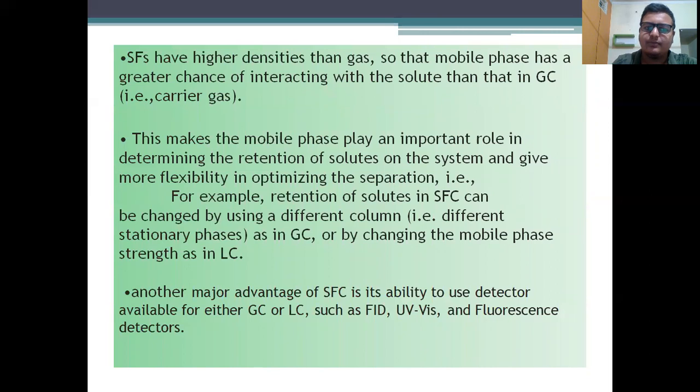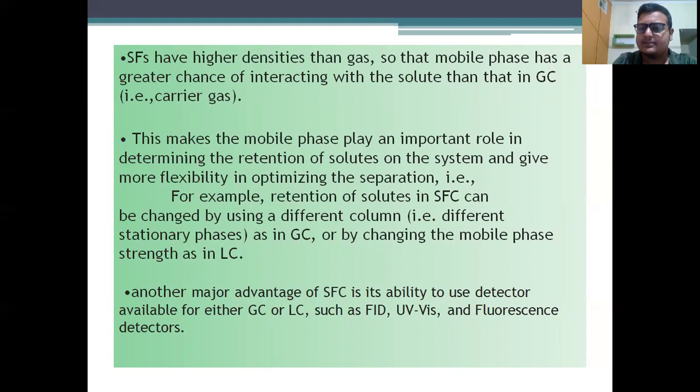And when it comes to supercritical fluid extraction, the density is higher than that of a gas. The supercritical fluid is much denser than the gas, which means the molecules are much more closely arranged compared to the gas. So the mobile phase has a greater chance of interacting with the solute than a gas molecule.